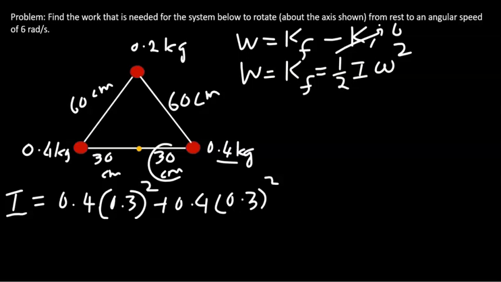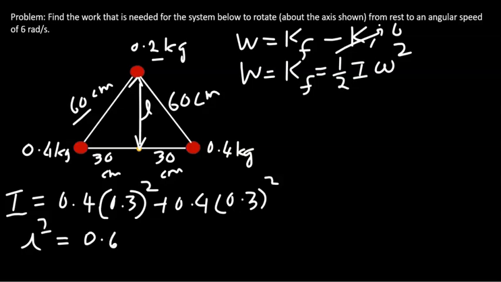And the final contribution is from the 0.2 kg on top. The perpendicular distance between that 0.2 kg mass and the axis of rotation, let's call it L. And L squared can be computed using the Pythagoras theorem. It is just the hypotenuse, 0.6 meters squared, minus 0.3 squared.